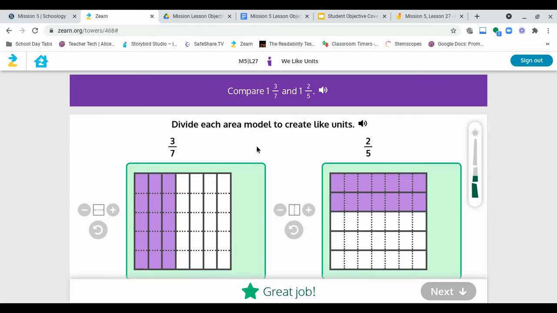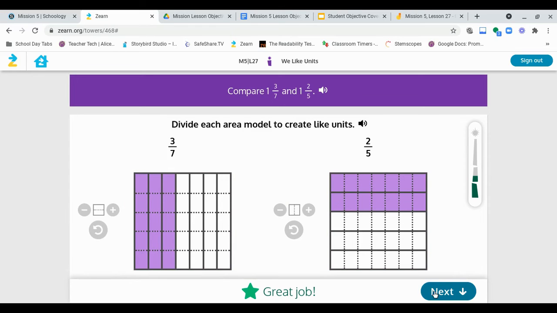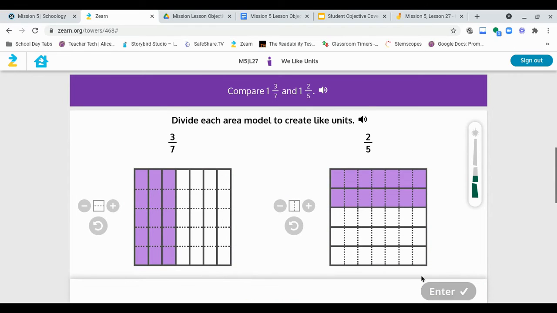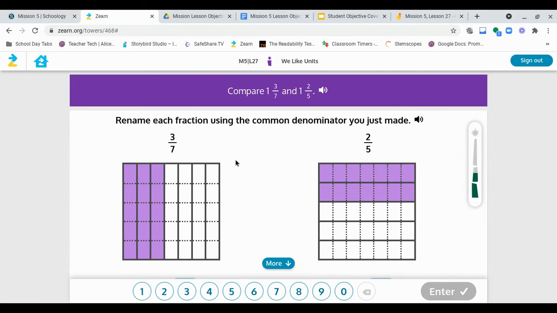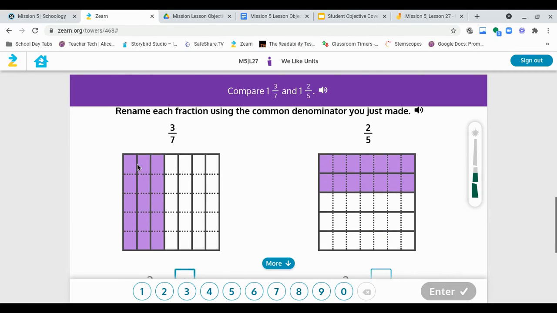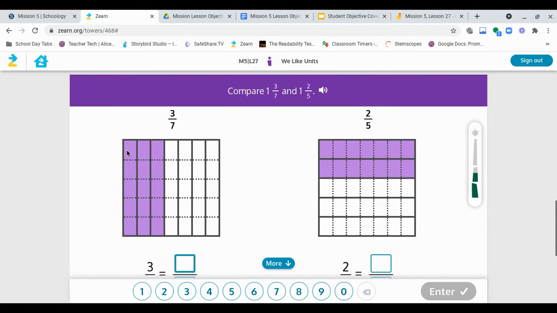Okay. Now, if I split it like this, I should have the same denominator. How many total pieces? Counting by 7: 7, 14, 21, 28, 35.